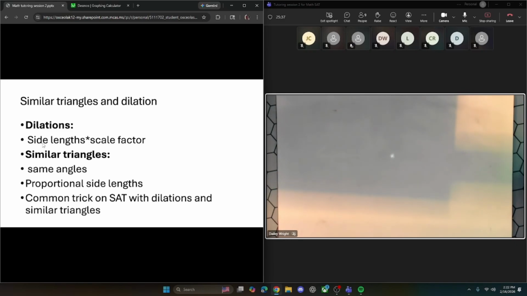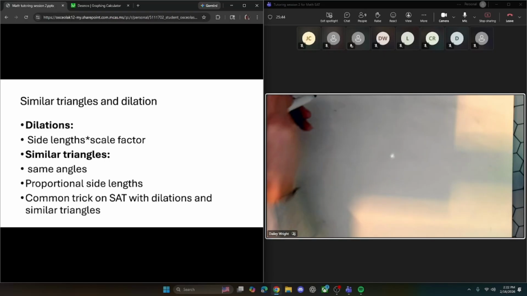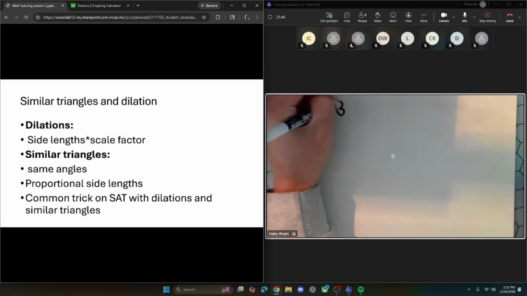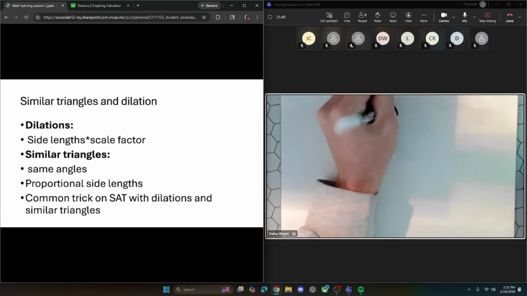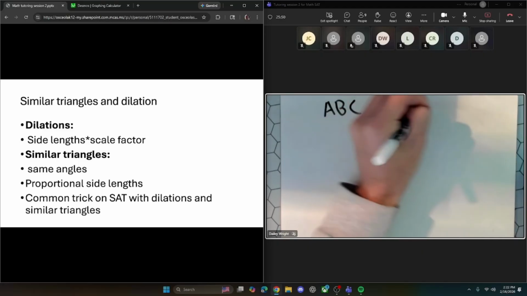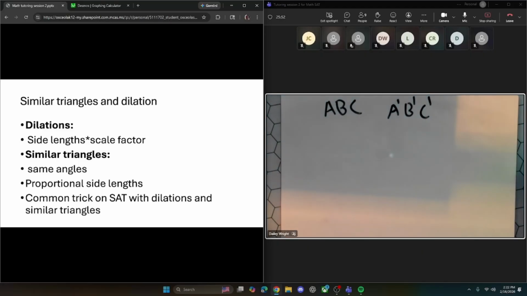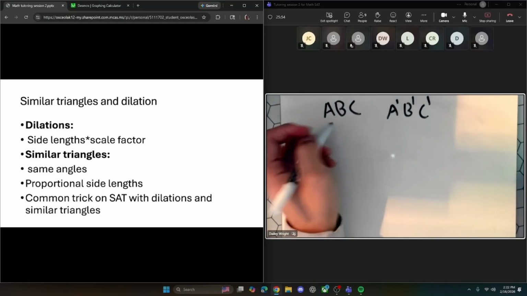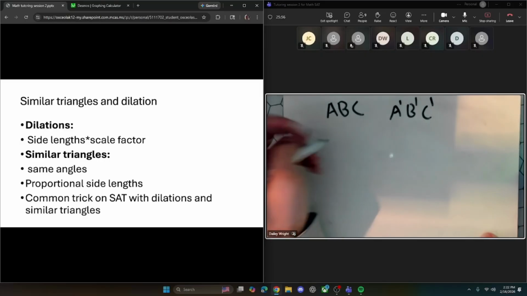Anyways, what you need to know about dilations is dilations are the side lengths of a triangle times a scale factor. So if they had A, B, C, and they said A prime, B prime, C prime was dilated by a scale factor of 2 from ABC.